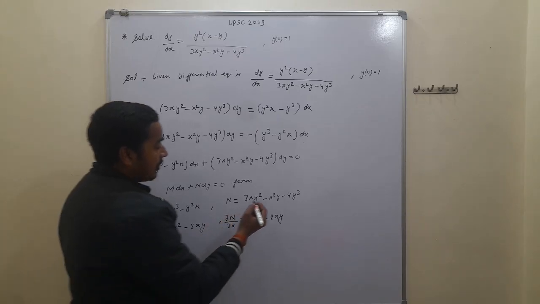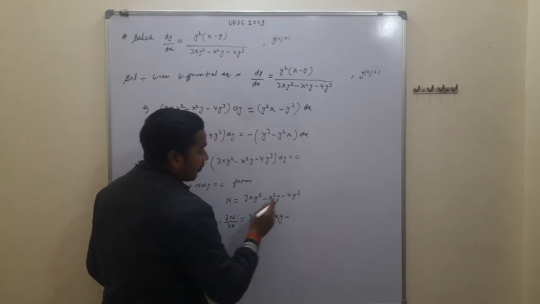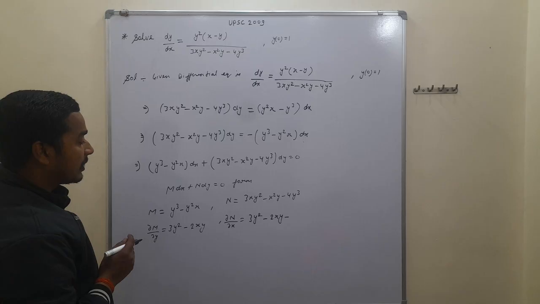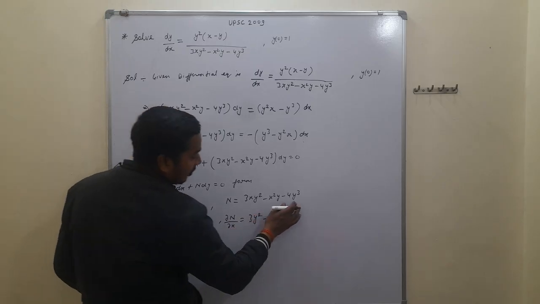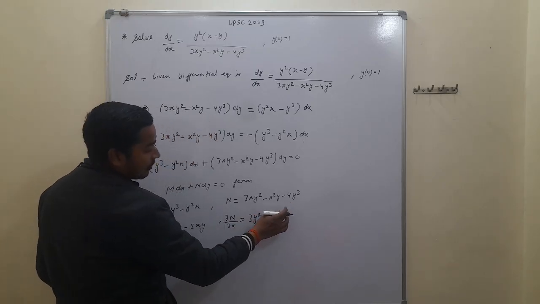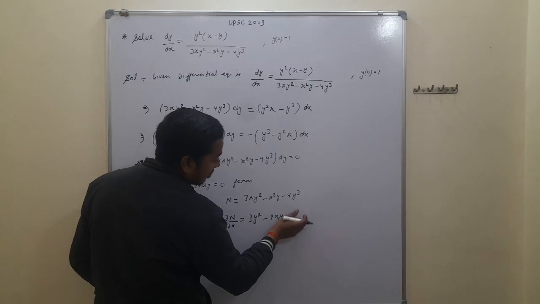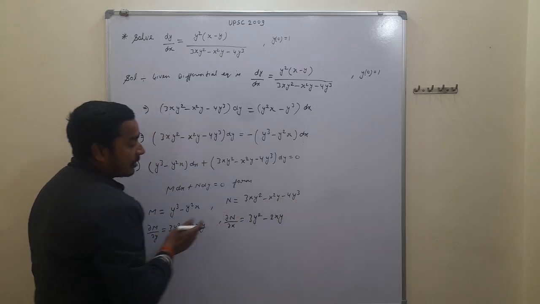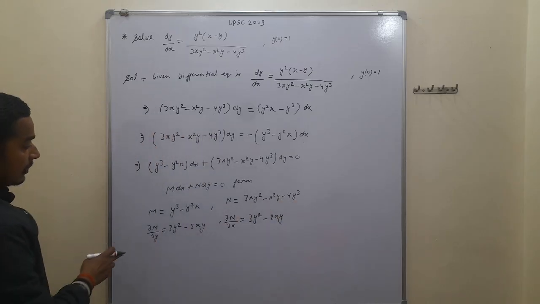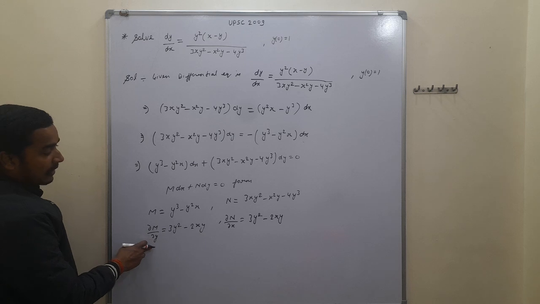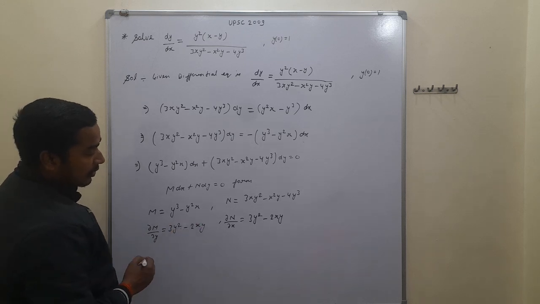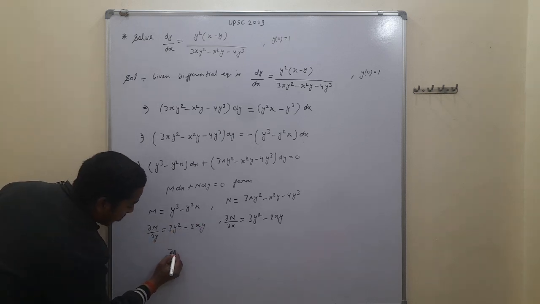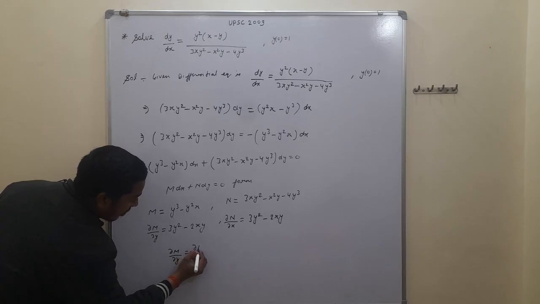And 4y³ differentiated with respect to x gives 0, since it is not a function of x, only a function of y. Here ∂M/∂y and ∂N/∂x are equal, so ∂M/∂y = ∂N/∂x.